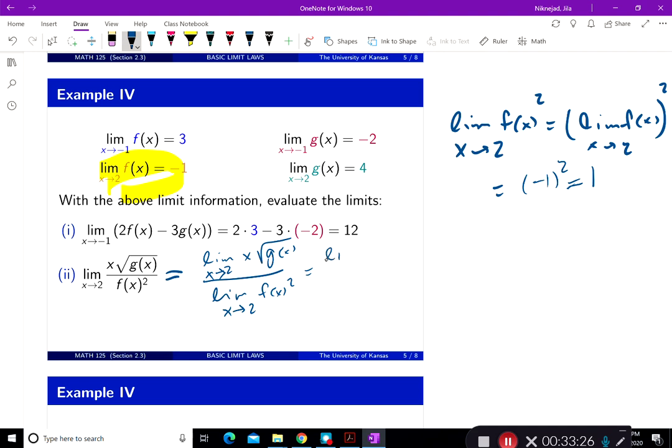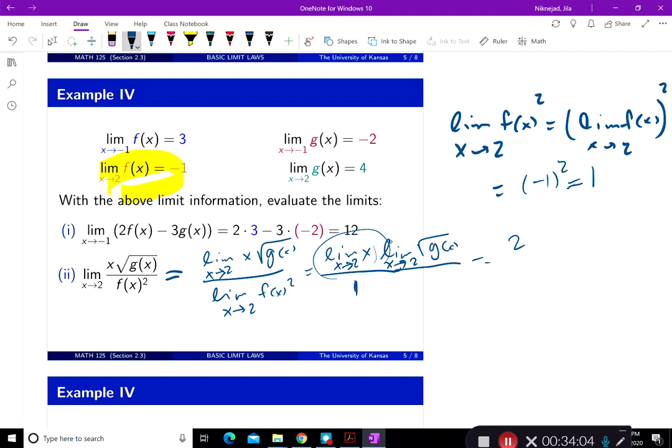The limit product law gives me this. And so at this point, I know the first one of these, according to the basic laws of limits, and that would be 2. And 1, I don't have to write it down.